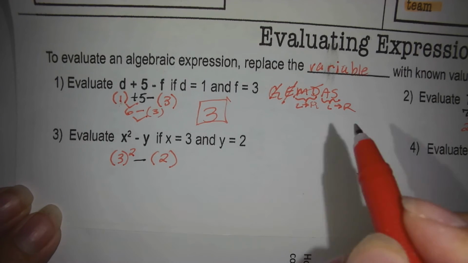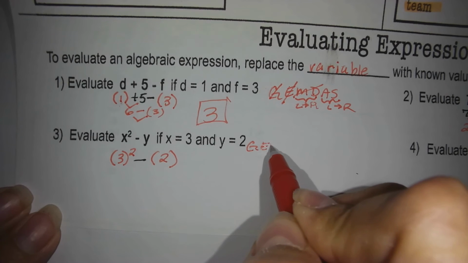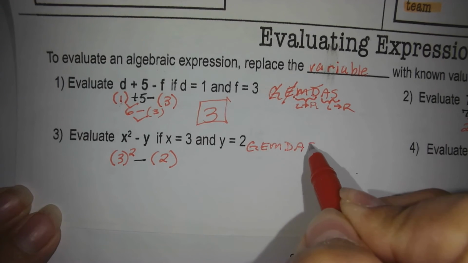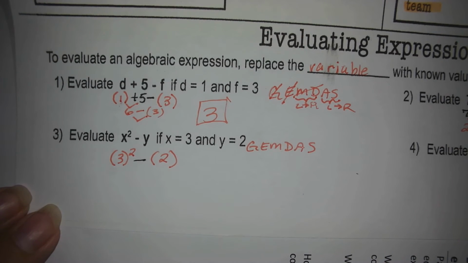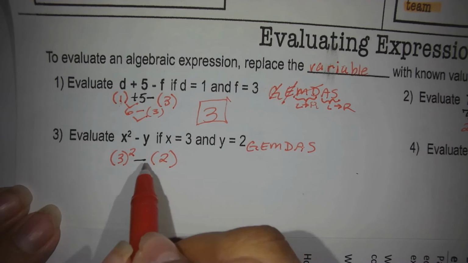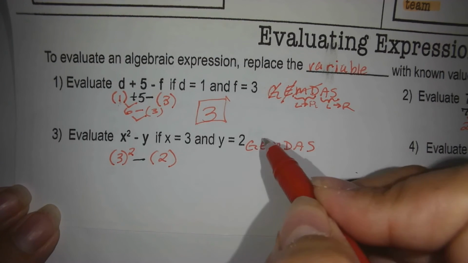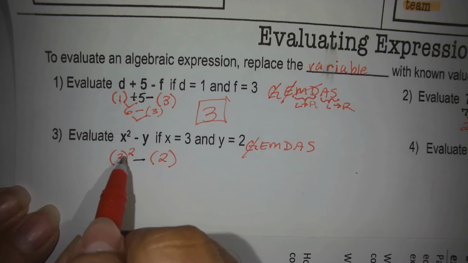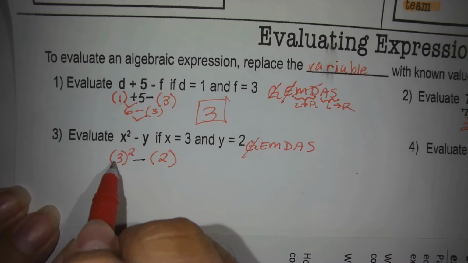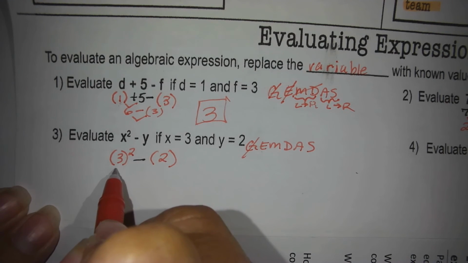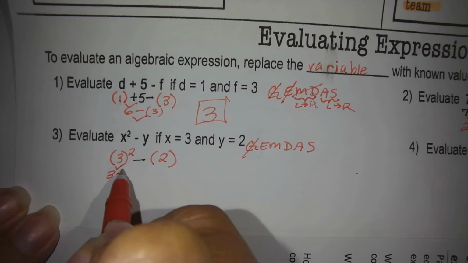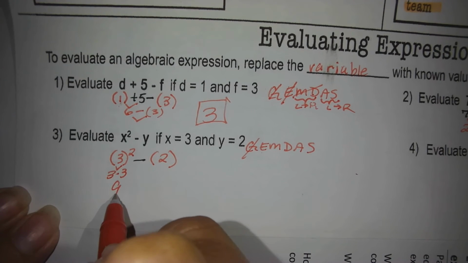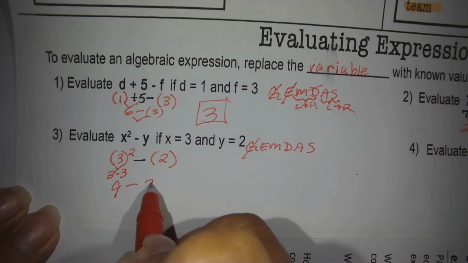Next up, GEMDAS. Any groupings? Yes. Are there operations inside? No. Exponents. We have an exponent right here, so we have to do this. 3 squared is 3 times 3, which is 9, minus 2.